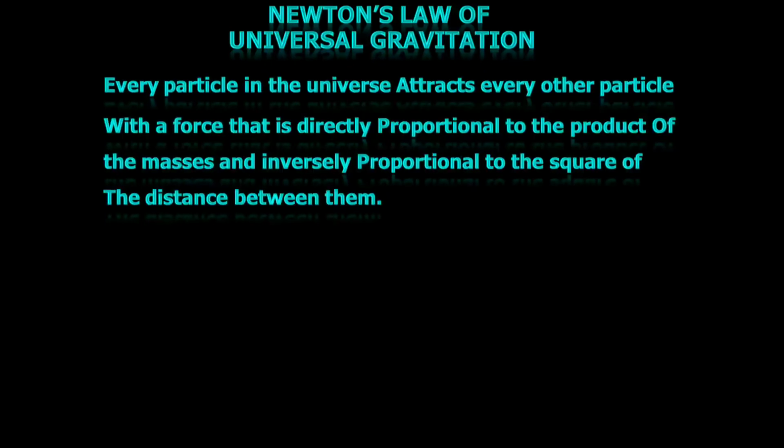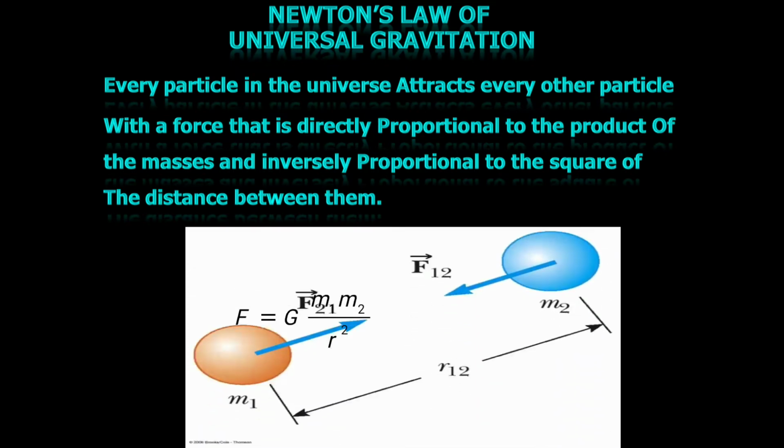Newton's law of universal gravitation depends mostly on the following: every particle in the universe attracts every other particle with a force that is directly proportional to the product of the masses and inversely proportional to the square of the distance between them. If you observe, the force is applied from one object to the second object and from the second object to the first.